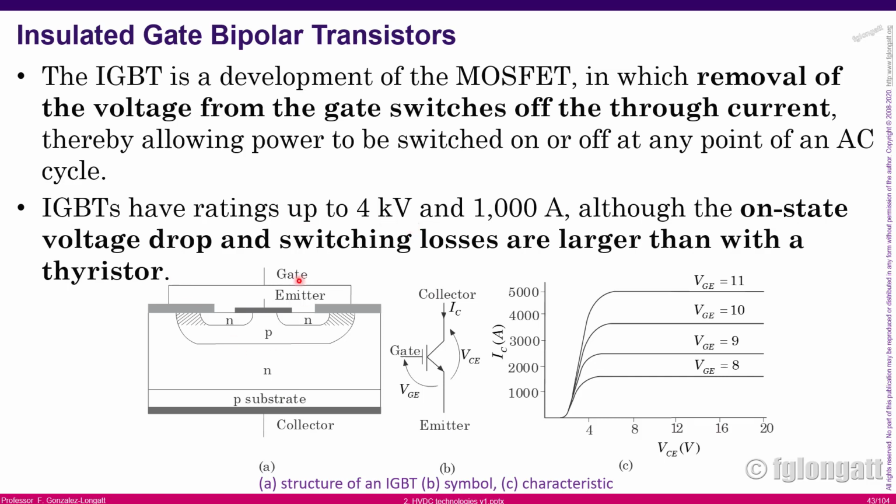Okay. If you are interested in the microelectronics, you can see here a cross section of one IGBT. As you can see, there are some P and N materials inside this device. And over here you can also see the behavior in terms of voltage and current, depending on the voltage that is applied on the gate.